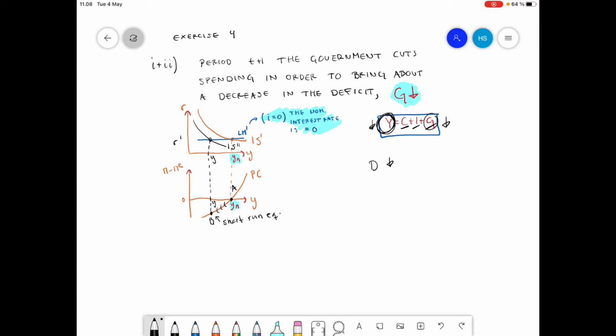As a result, the inflation rate in period t+1 will be lower than the expected inflation rate. We see here on the PC curve that the difference between actual inflation and expected inflation is negative. Okay, it's less than 0, meaning that the inflation rate is lower than the expected inflation rate.